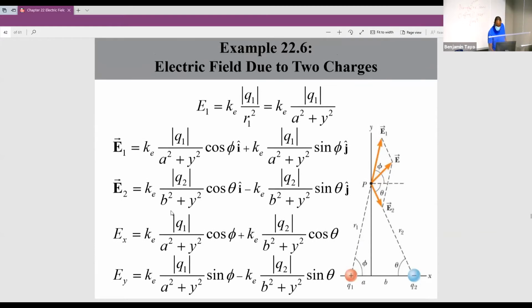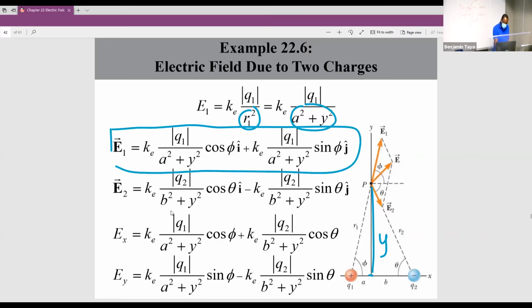So we're going to say that the distance from here to here is equal to y. So that means that R1 squared is equal to A squared plus Y squared. And then you simply write this into X and Y components. So that's your E1 vector right there. And this is your E2 vector.